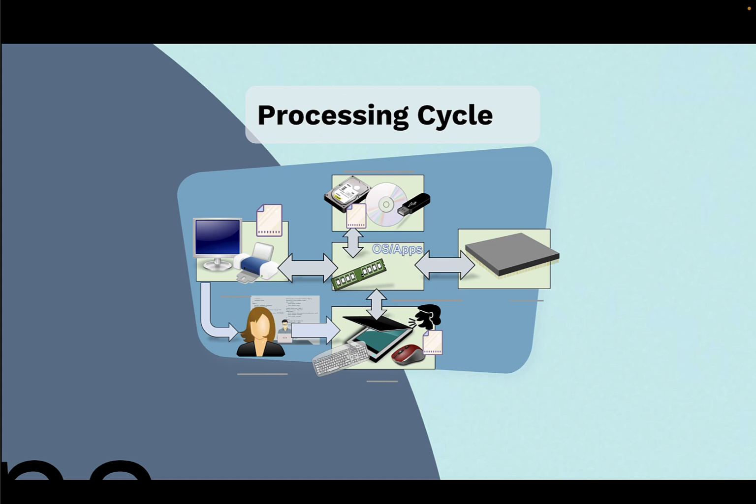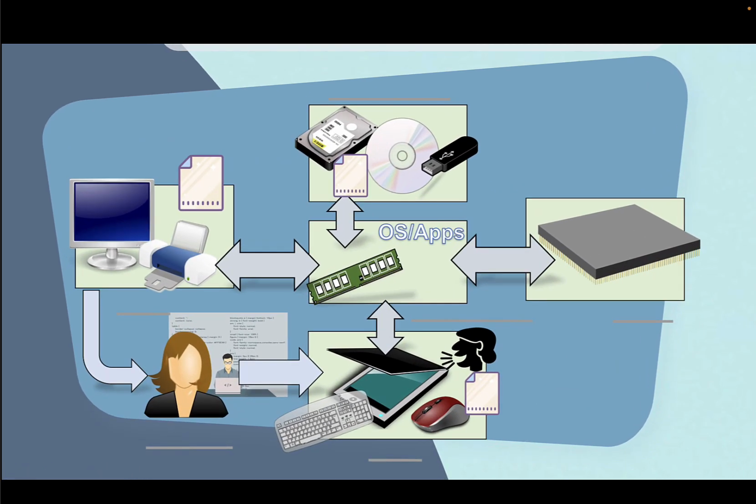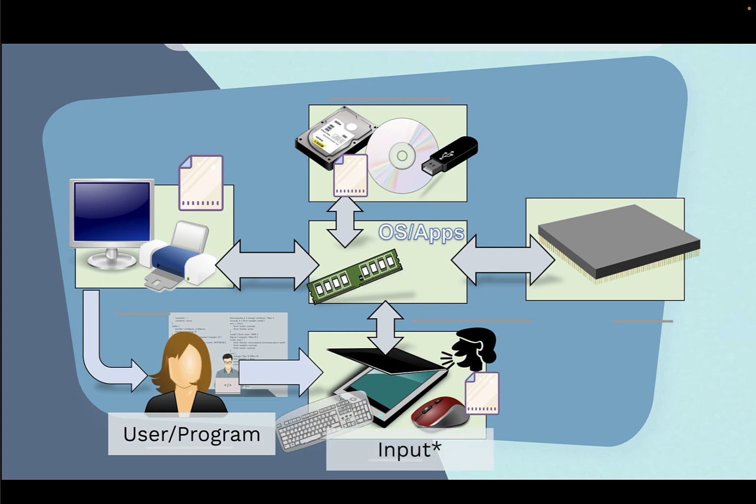If we think about the processing cycle that happens, we do things and we don't really know what goes on behind the scenes. So let me explain what happens with the program and the interaction with everything. We have either a user or program that needs to input information.